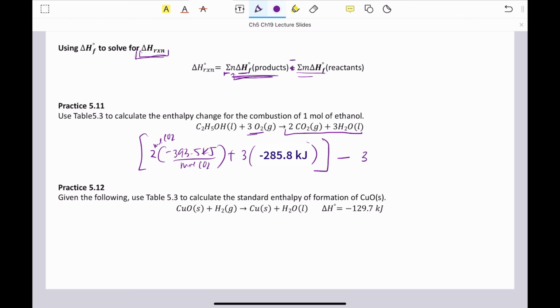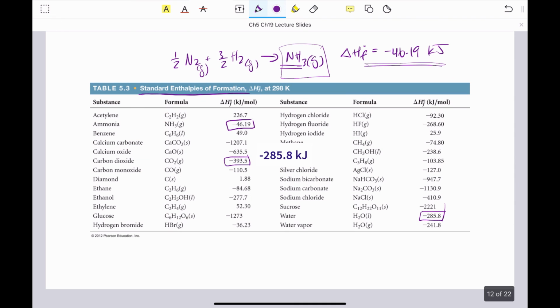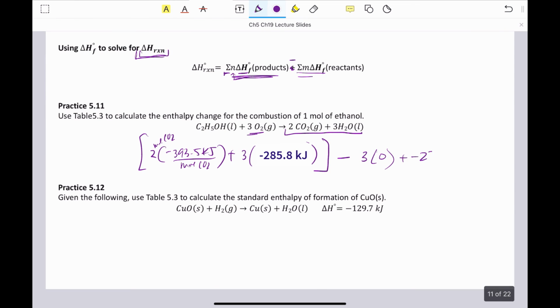Because that's 3 oxygens times 0, and then we're going to add to that 1 times my ethanol. And ethanol liquid, negative 277.7. And this math is what's going to give us the enthalpy change for the combustion of 1 mole of ethanol. Yes? Makes sense? All right.